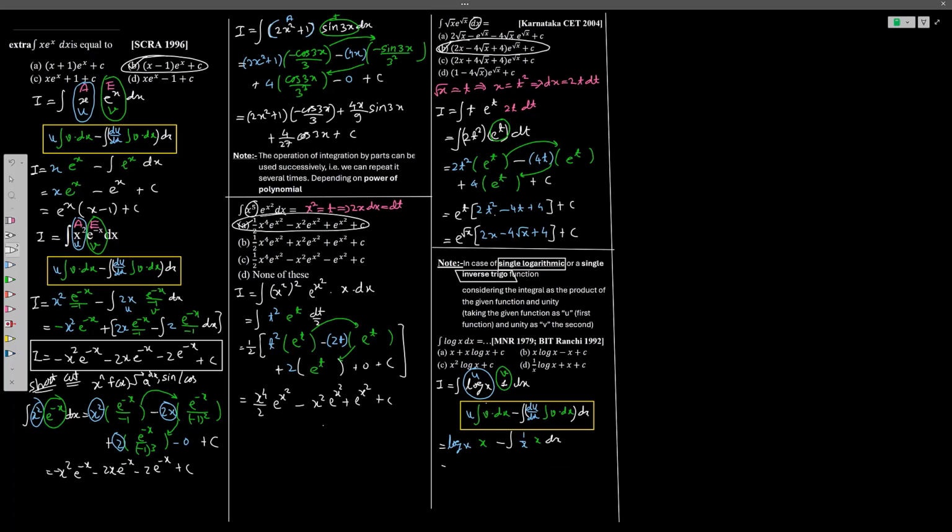So here the first term will be as it is, and in the second term x and x will be cancelled out. Integration of 1 again will be x plus c. So option B is your answer. Ta-da!